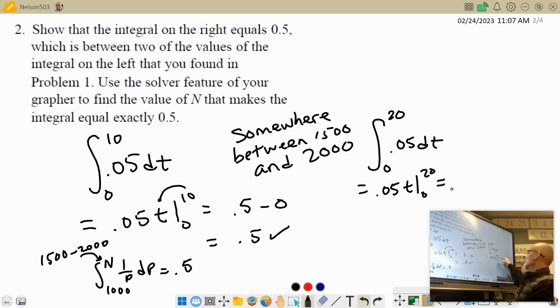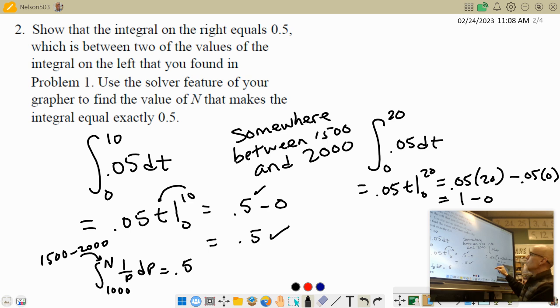So now I get 0.05 times 20. I didn't really show that clearly, like where did that 0.5 come from? That was when I stuck 10 in for the t right there, right? So now I'm sticking 20 in for the t, and we're going to get 1 right there. And when you stick 0 in, 0.05 times 0, we get 0 there.